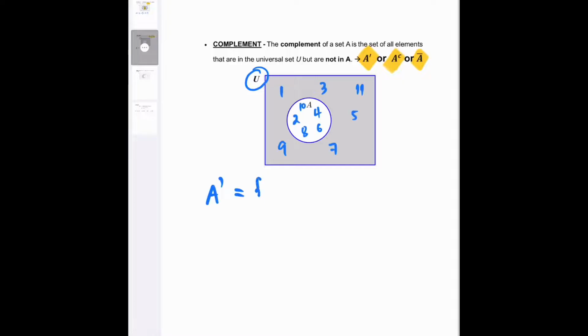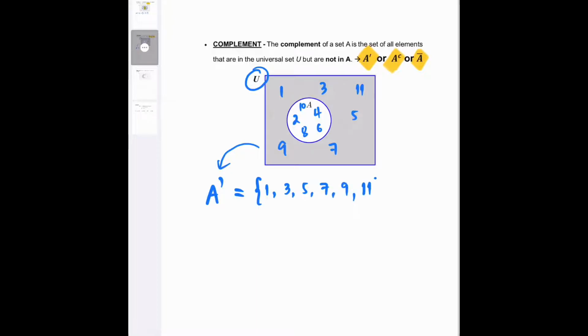So we are going to write all the elements that are outside of A. This is set A, and the elements outside of A will actually form the set of A complement. We have 1, 3, 5, 7, 9, and 11.